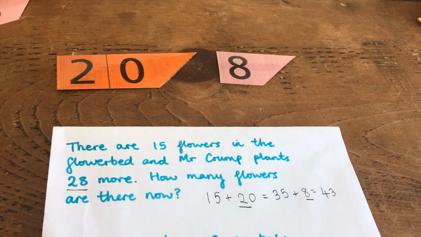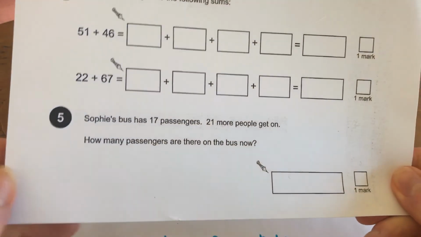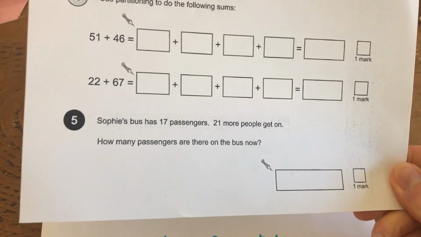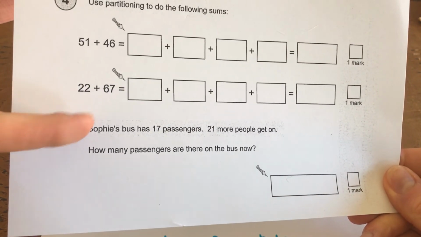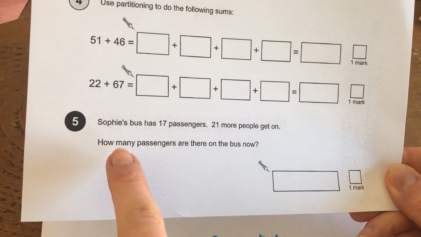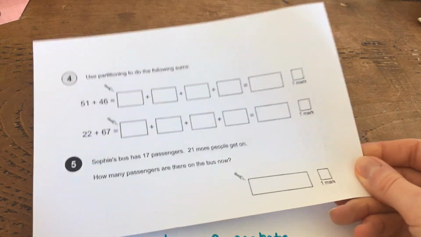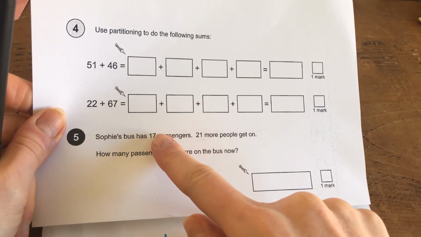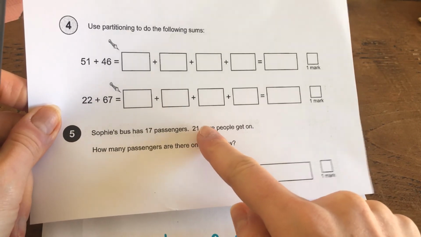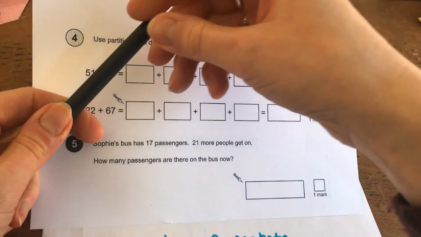Let's have another quick look back at this one, and you can see how it compares. I'm not going to work this one out. Sophie's bus has 17 passengers, 21 more people get on. How many passengers are there on the bus now? Just like the last one, I would recommend leaving this one whole and partitioning this one to add on, because that's how many more you're adding on.